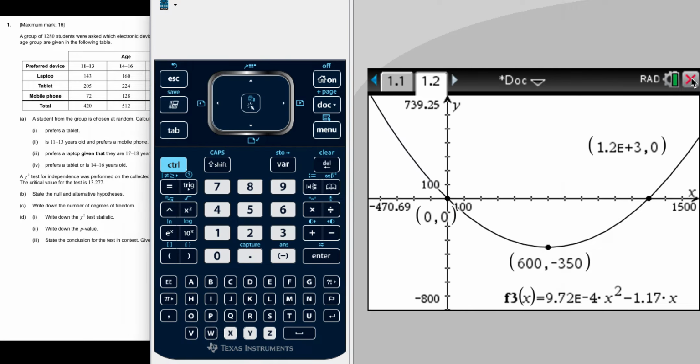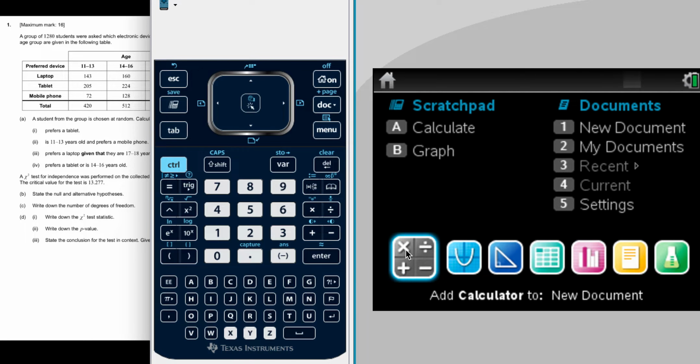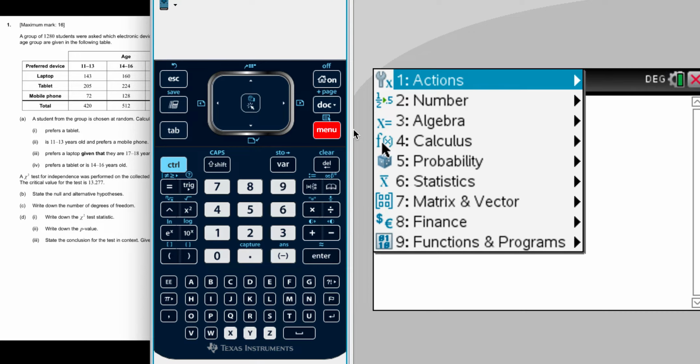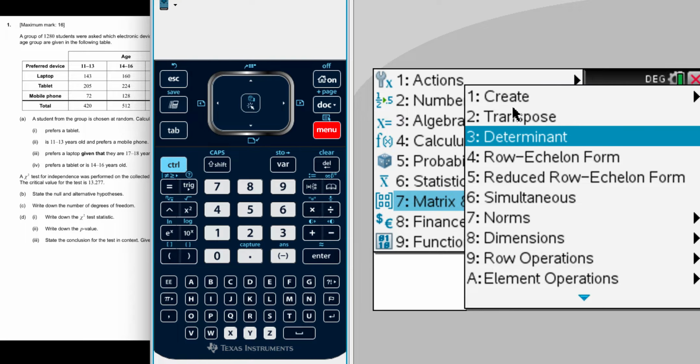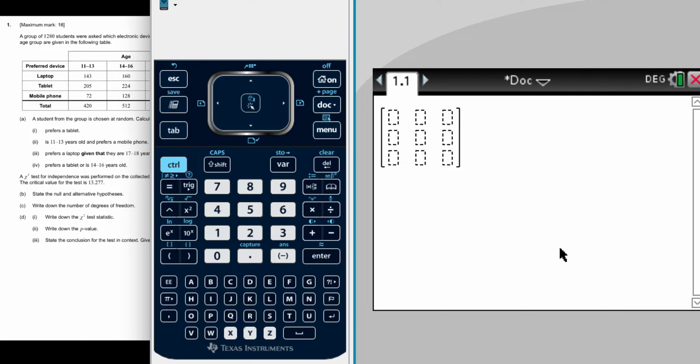To do that, I'm going to be going to my GDC, and first of all opening a calculation page. I now need to transfer my data to a matrix in my GDC. So I'm going to do Menu, Matrix and Vector, Create a Matrix. This is where I'm going to put my table of information. Ignoring the totals, just the data, it's 3 by 3.